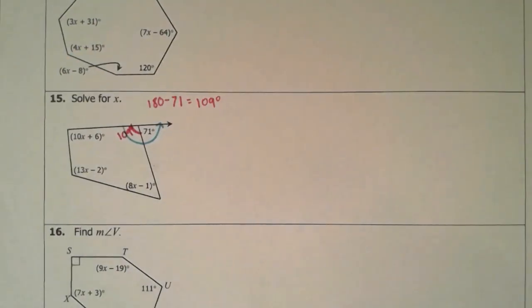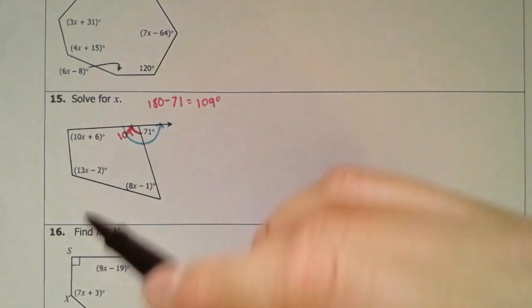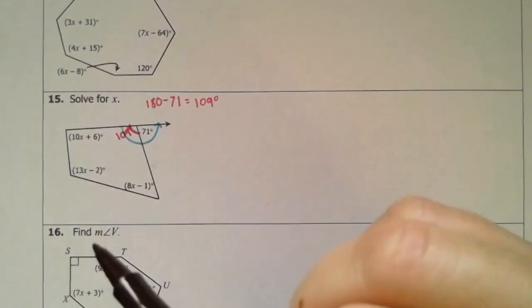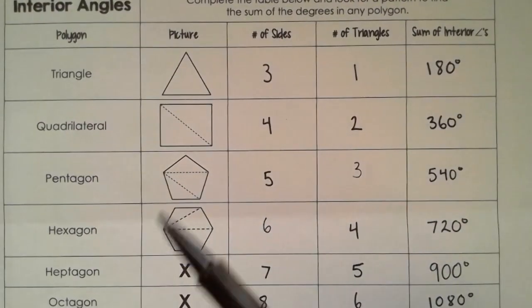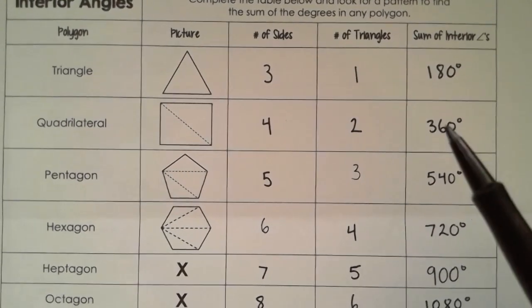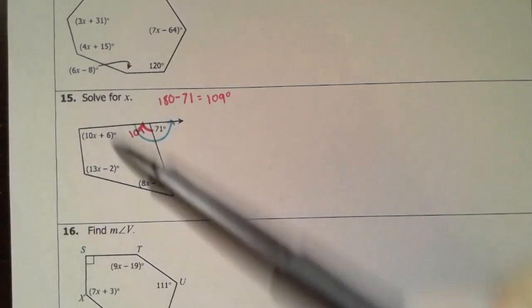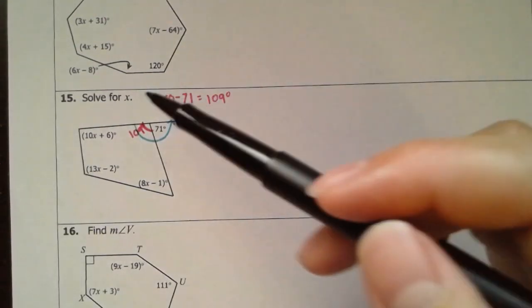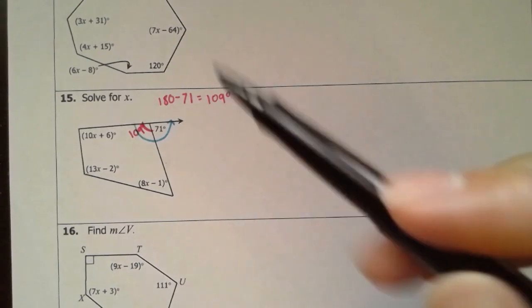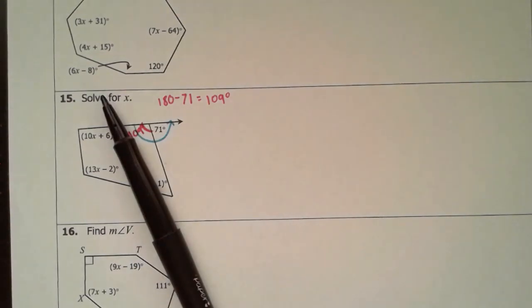It says solve for x. We have a quadrilateral, so I have 4 angles. I can add up all 4 angles, and knowing from my table here, a quadrilateral's interior angles add up to 360 degrees. So just like we would do with our triangles before, add up the angles, set equal to 180. You're going to add up the 4 angles and set equal to 360 degrees.